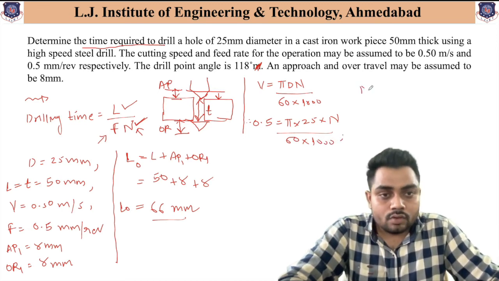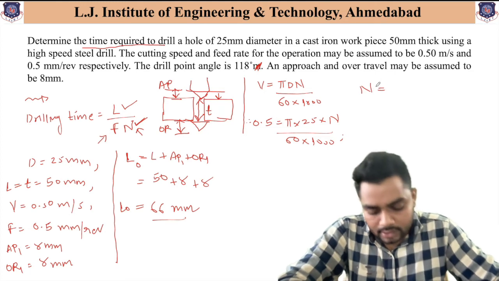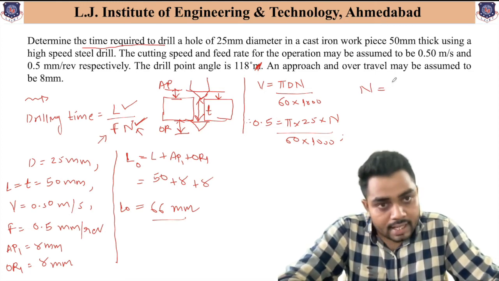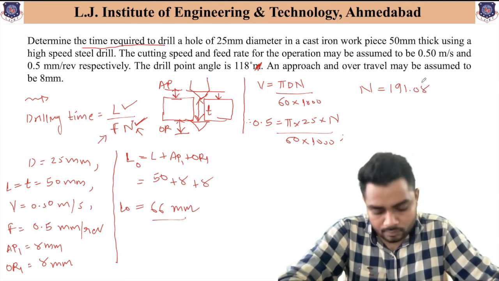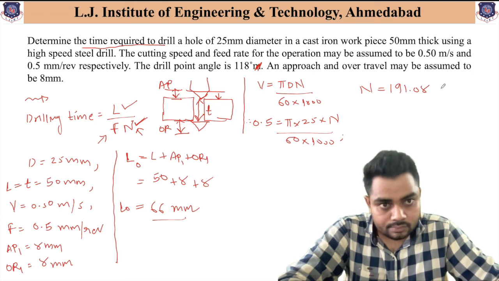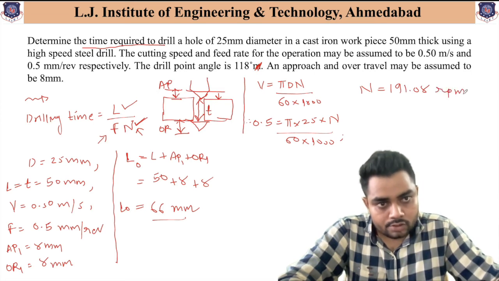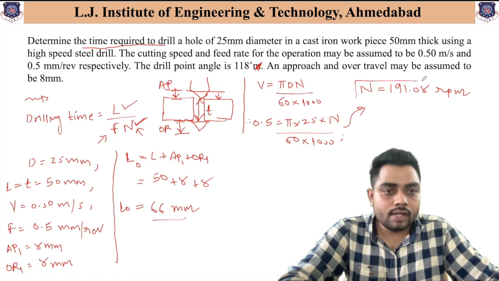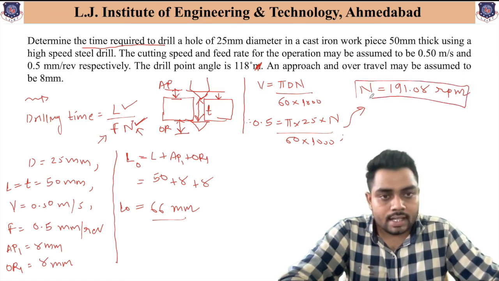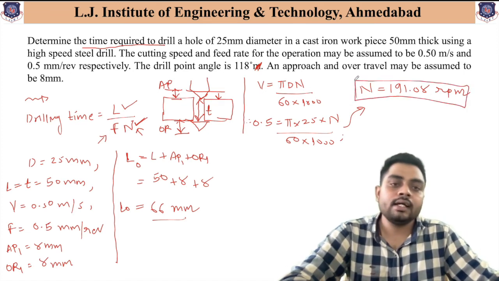So after solving this equation, one will get the value of N as 191.08 revolution per minute. So when you solve this equation, you will get the value of N as 191.08 RPM.